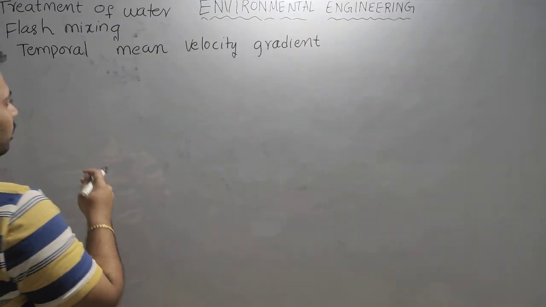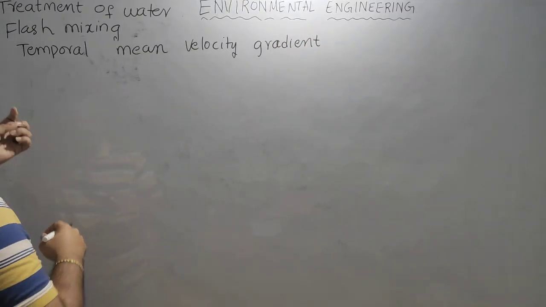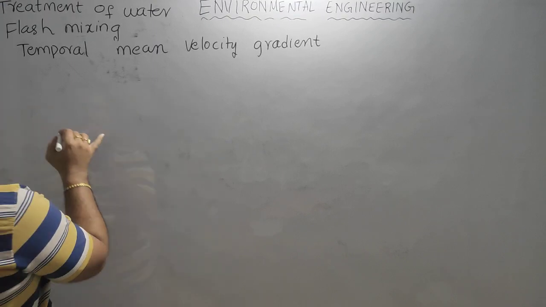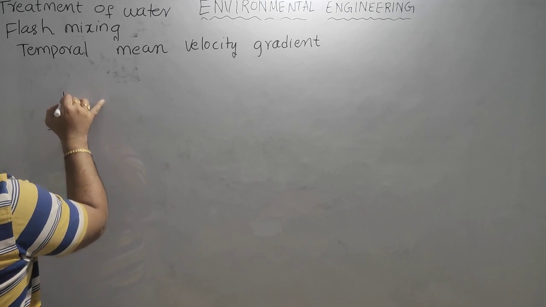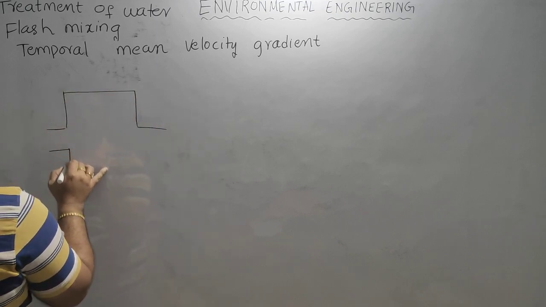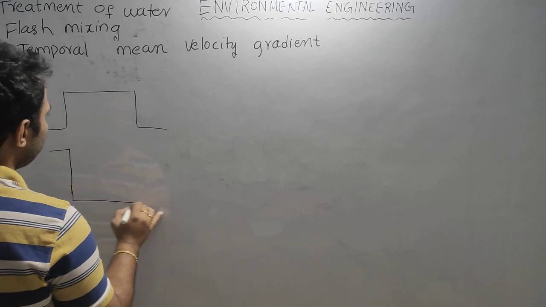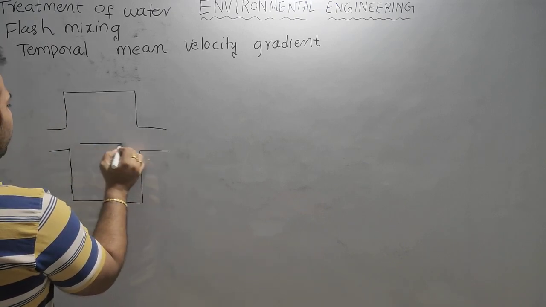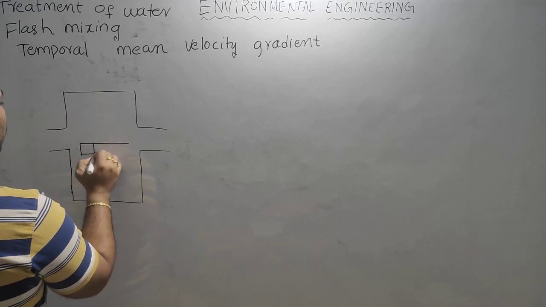See, for example, if you look at a mixing device, I have told you already, this is how we look at a mixing device. Now I am taking a horizontal mixing device.